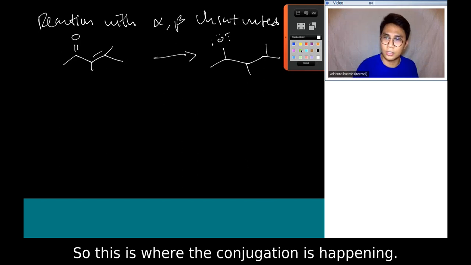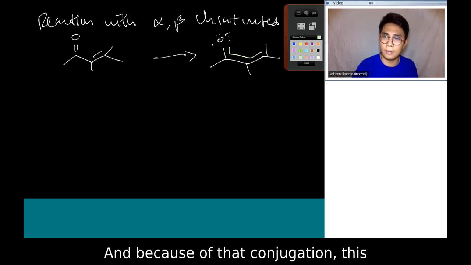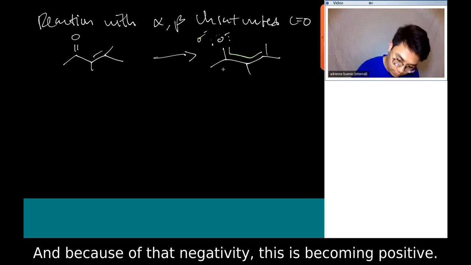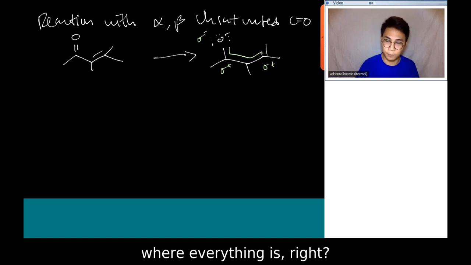So this is where the conjugation is happening. That's the conjugation, and because of that conjugation, this becomes partially negative, right? Very negative over here, and because of that negativity, this is becoming positive, and also this side is positive as well, right? So that's pretty much where everything is.